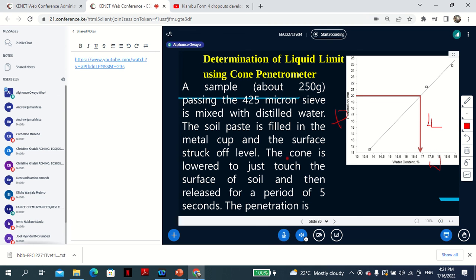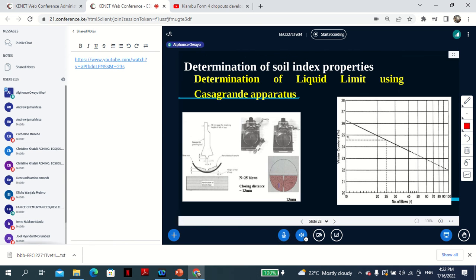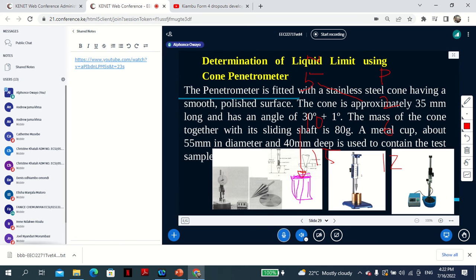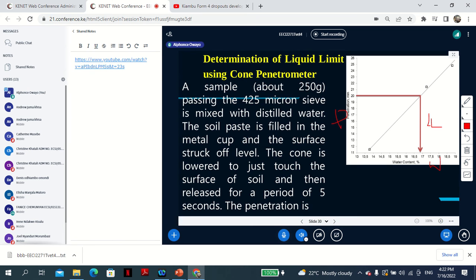So in the penetrometer, the liquid limit is determined when the cone can penetrate the soil 20 millimeters, and in the Casagrande, when the number of blows is 25, the groove can rejoin for half an inch, or about 12.5 to 13 millimeters.